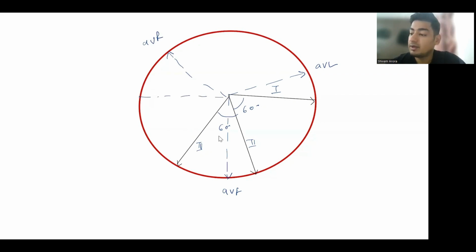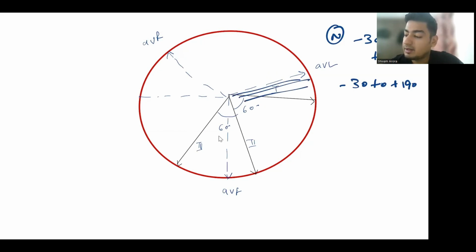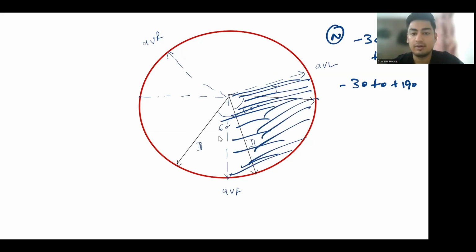So the normal axis is minus 30 to plus 100. But to make the calculation easy, we take it as minus 30 to plus 90. So the normal axis is between lead AVL up to lead AVF. Now what is right axis?